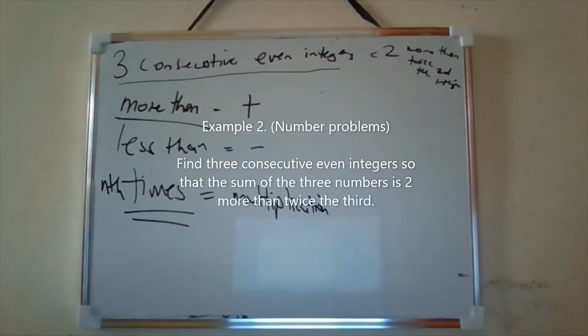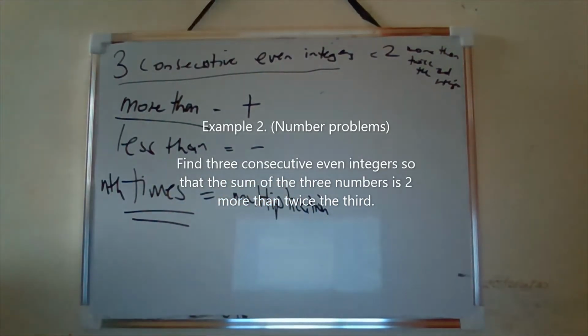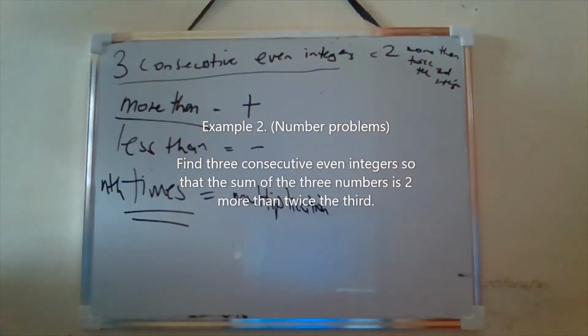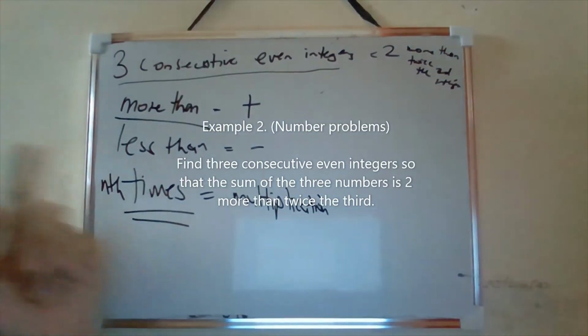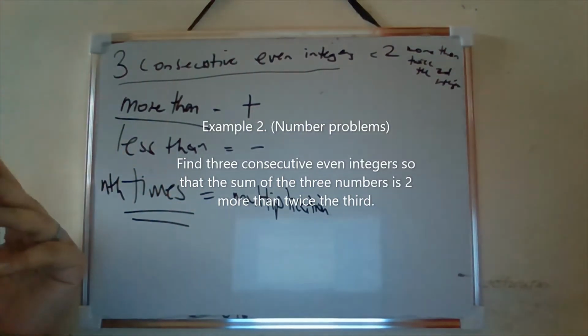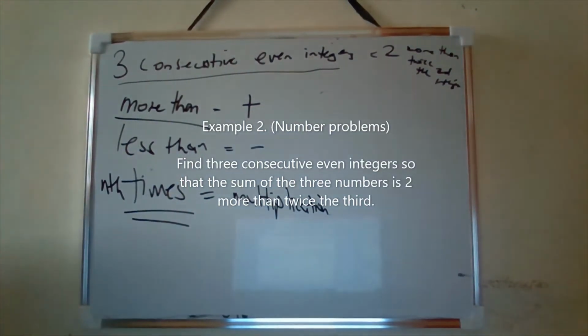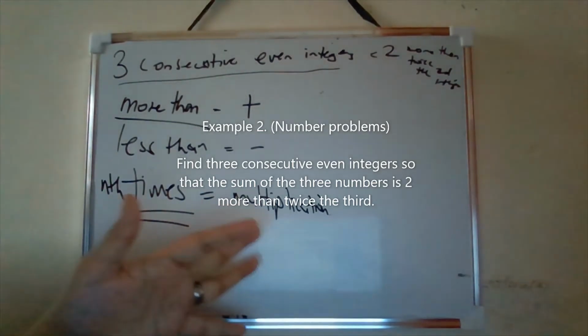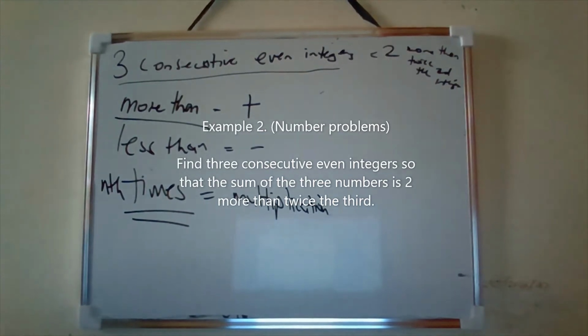So again, "more than" is addition, "less than" is subtraction, and "twice," "thrice," or n times is multiplication. Now let's proceed to assigning variables.